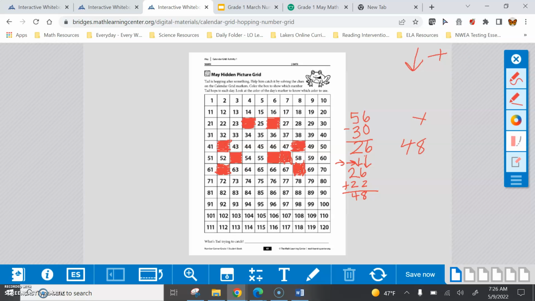Anytime you go up, you're subtracting 10. We're going to take this off as it was from another day. And I want to explain how we came up with these answers.